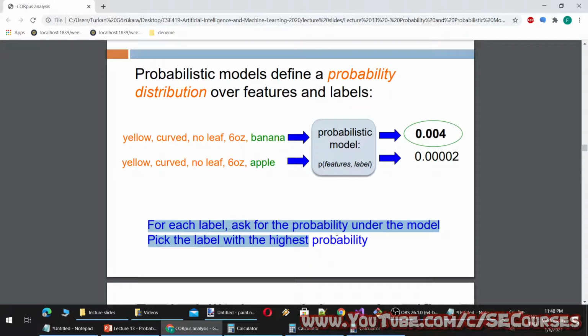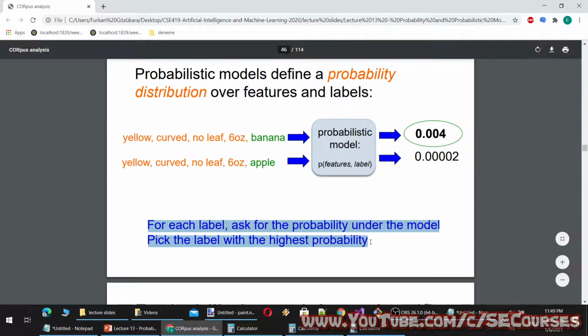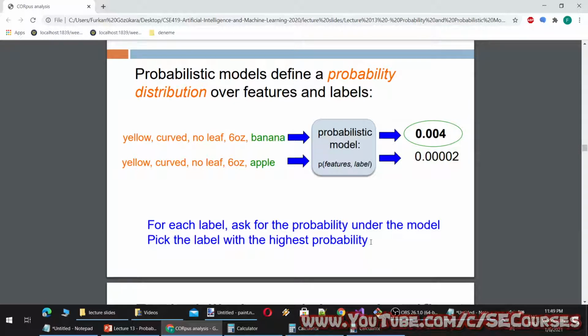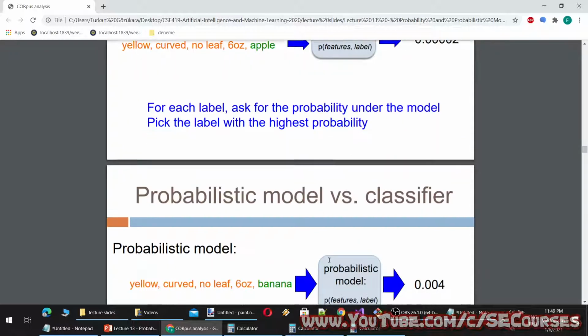For each label, ask for the probability under the model. Pick the label with the highest probability. So we can use a probabilistic model as a classifier with this approach. We get the probability of the input for each class that we have, and then we can assume that the highest probability is the correct label.